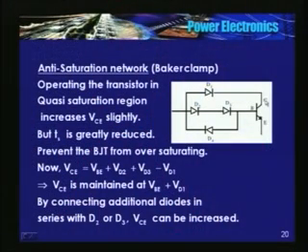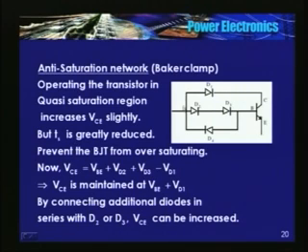How will you ensure this? There is a network known as the anti-saturation network. It is also known as the Baker clamp, which ensures the transistor is always operated in quasi-saturation. See, here is the network. This is the power BJT, and this network, D1, D2, D3, D4.